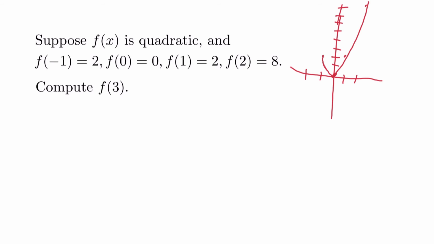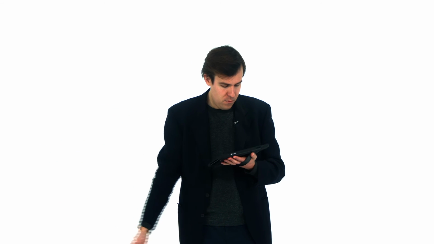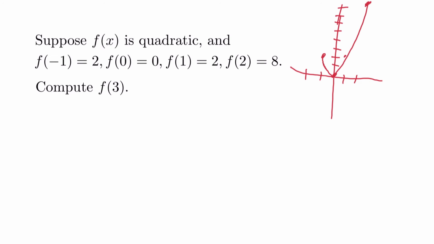So this is the picture I've given you. Can we figure out what f of 3 is? Basically, we're going to do what's called interpolating. We're going to use the points that have already been given to extrapolate to a new point. So what do I know about this function? Well, its rate of change is a linear function.